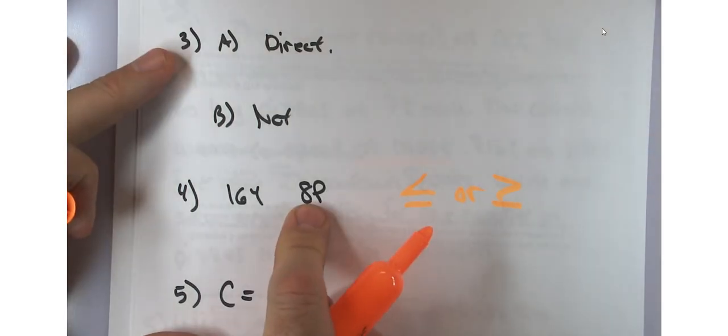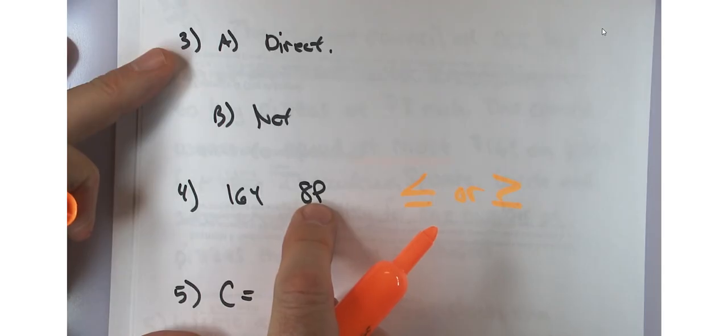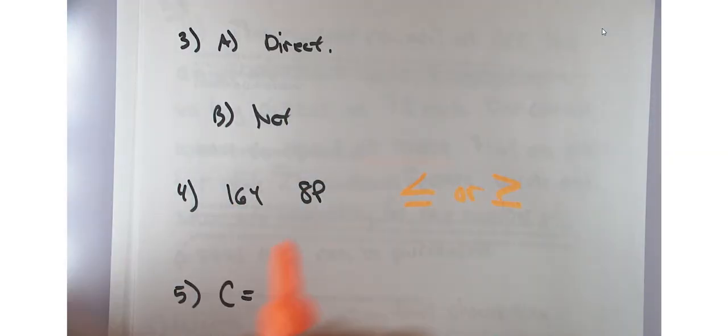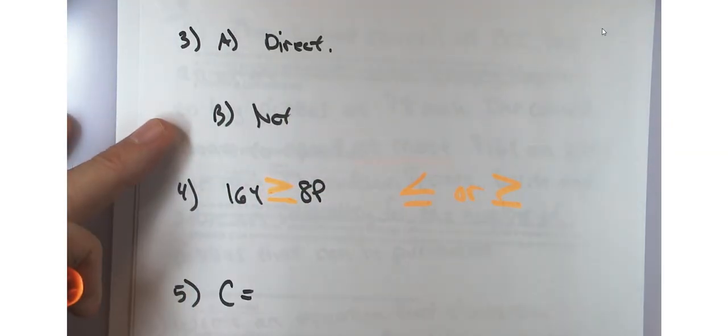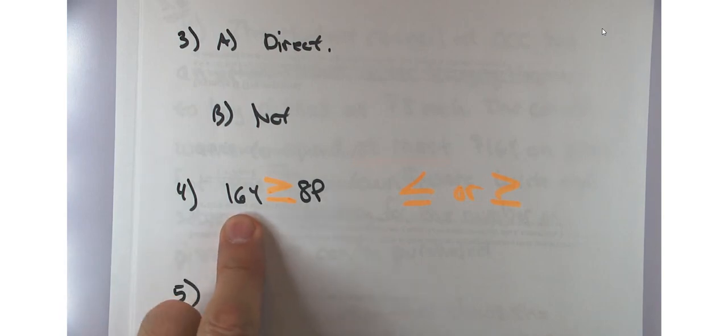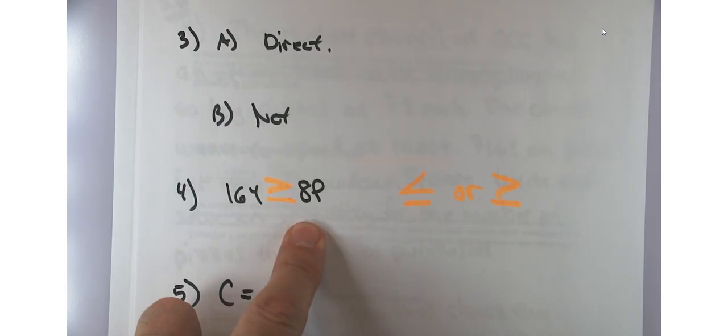Ooh, some disagreement there. Do I want this to be more than 164 or less than 164? Less. And remember, the alligator eats the smaller number, right? So that would put the pointy end here. So it'd be a greater than or equal to. We want this to be greater than the amount that we spend.